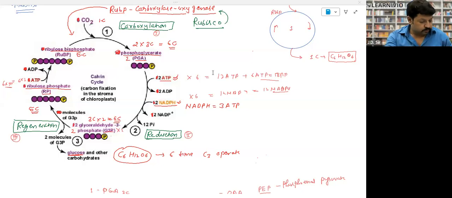So write: the Calvin cycle can be explained in 3 steps.